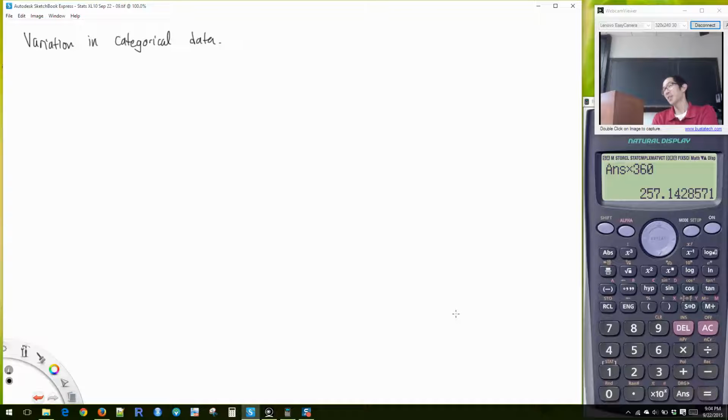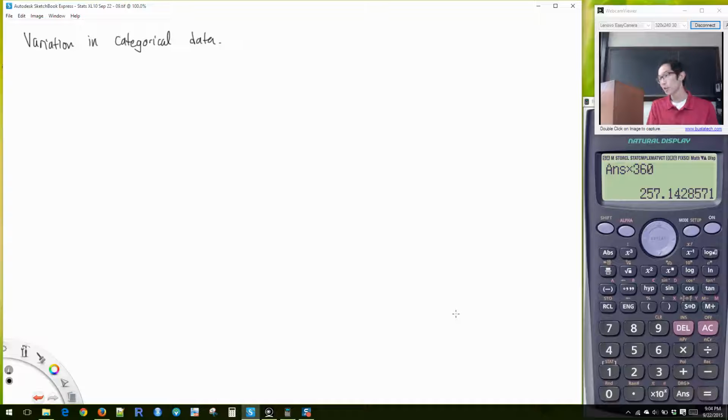How do we summarize categorical data? Counts and percentages. Okay, good. That's how we summarize categorical data, with counts and percentages. Next week we'll talk about summarizing numeric data with means and medians and that kind of stuff. This week we're summarizing categorical data with counts and percentages.